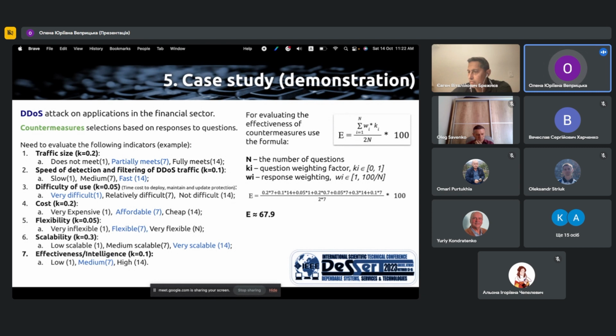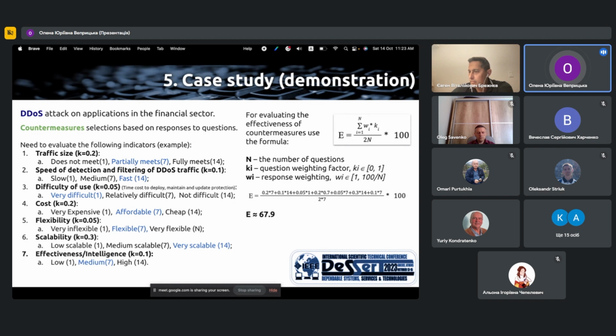Okay, so for evaluating countermeasures, in the formula we have a limited set of questions, n. For each question, we assign a coefficient from 0 to 1, and the coefficients in sum should be 1.